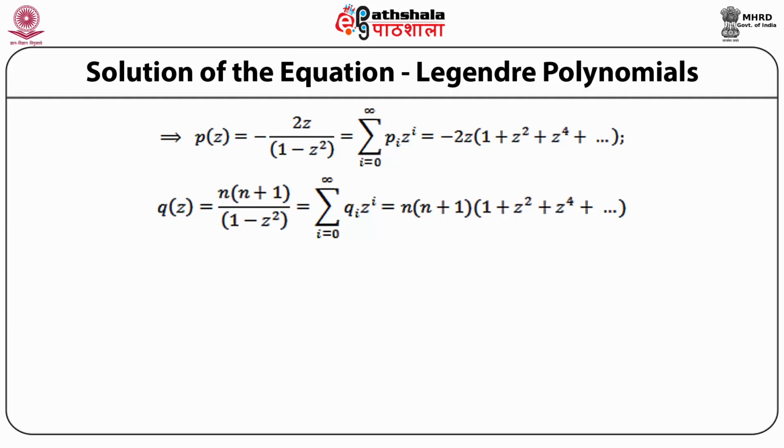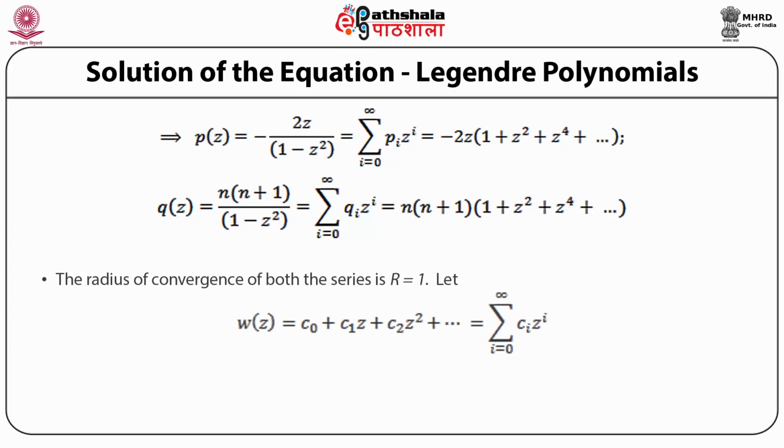This equals n into n plus 1 and within the brackets 1 plus z square plus z to the power 4 plus so on. Now, the radius of convergence of both the series is capital R equal to 1.